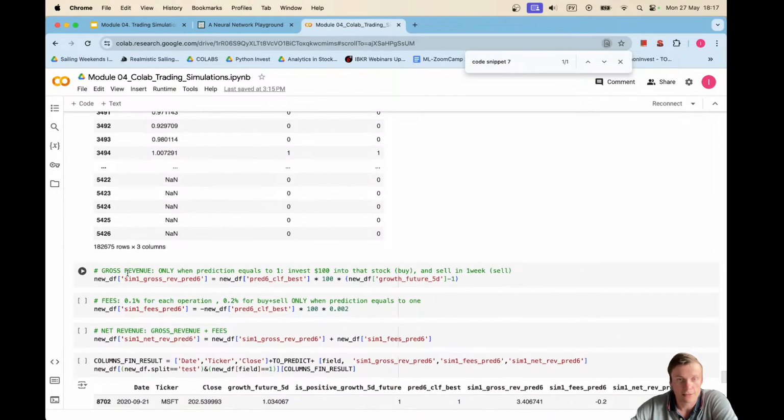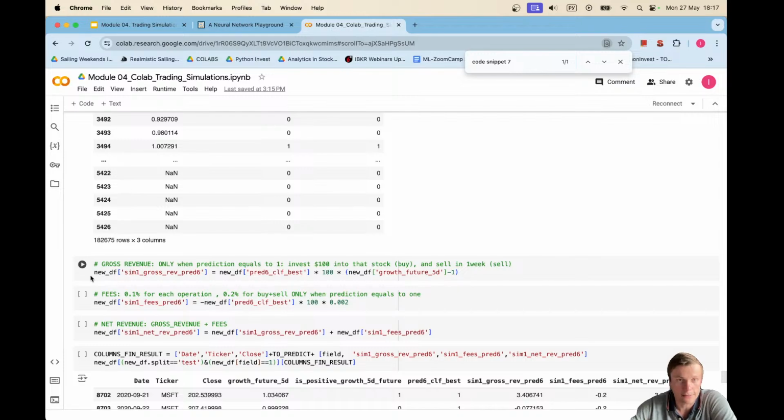And here is the main part of a simulation. So gross revenue is simply, you take the vector of predictions, and if you remember, our predictions are 0 or 1.